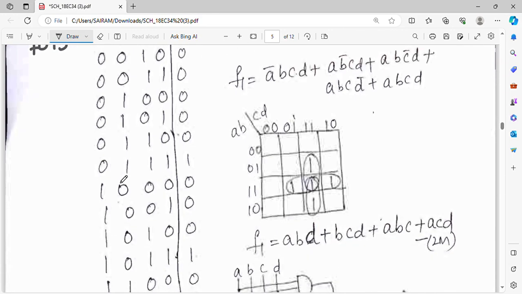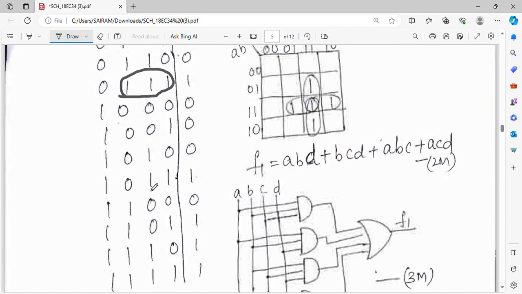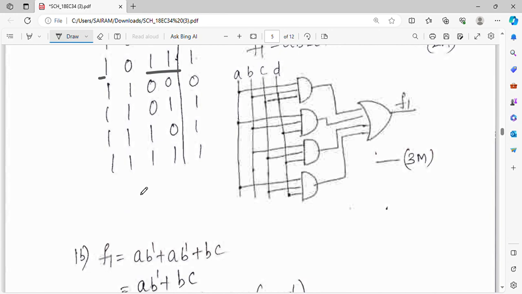Here, 3 inputs are 1. 3 inputs is a majority, right? And here 1, 2, 3. 3 inputs are majority. 4 inputs are majority.